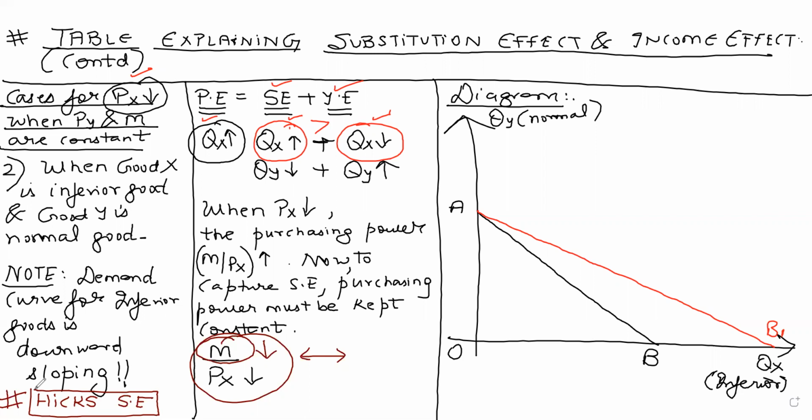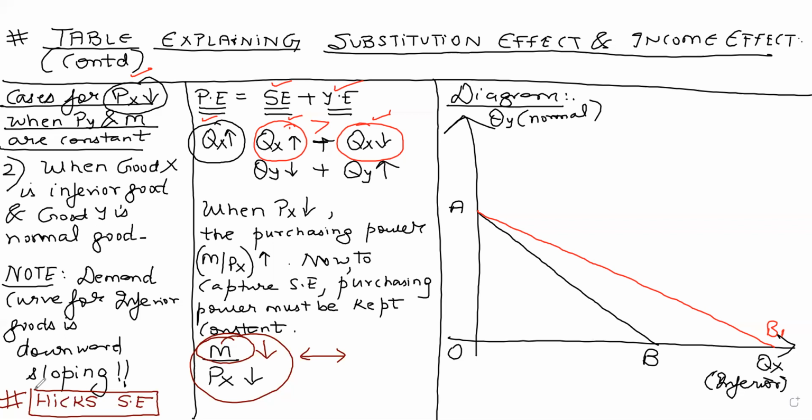To capture the substitution effect, we will take away that much income from the consumer so that he is on the same indifference curve.